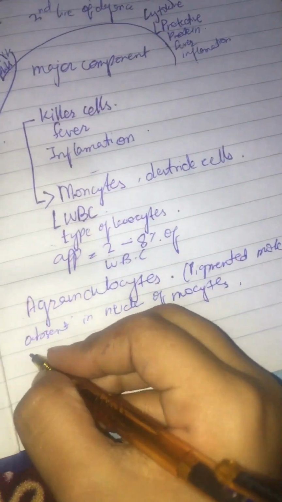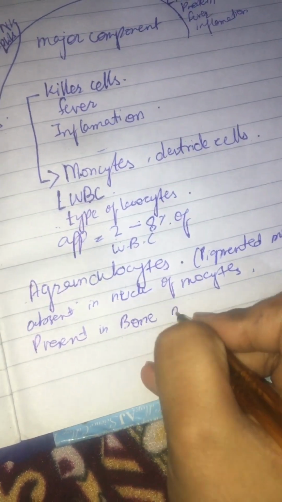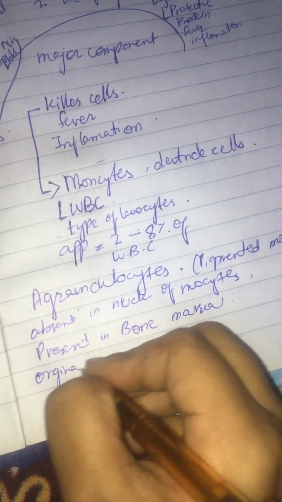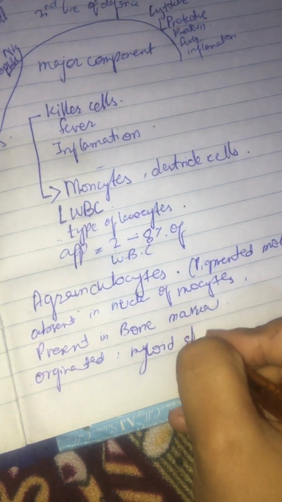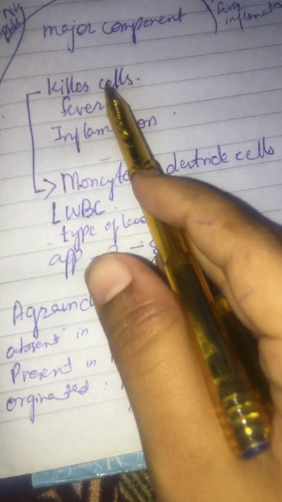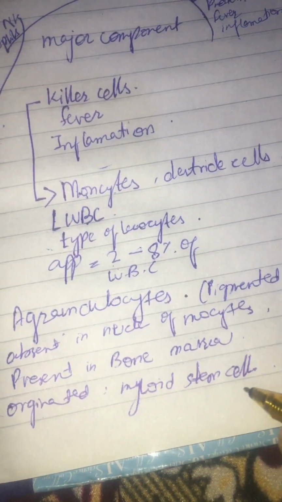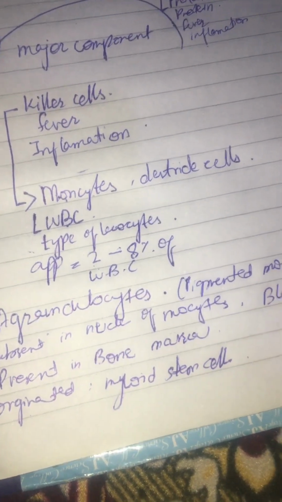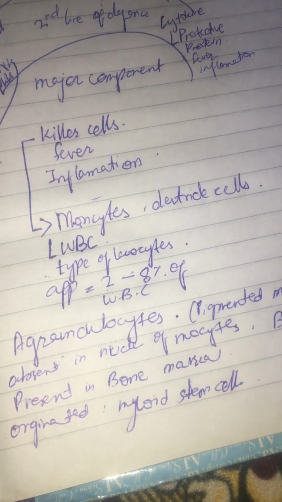They are present in bone marrow, originated from myeloid stem cells. These monocytes are present in bone marrow and originate from myeloid stem cells, but after that they will be present in blood for maturation, where they get matured.